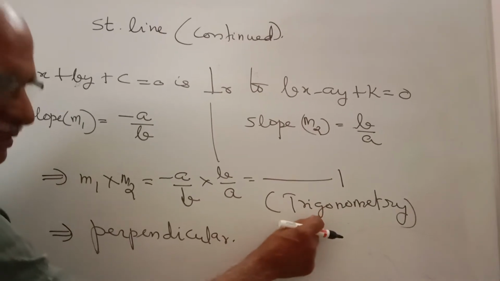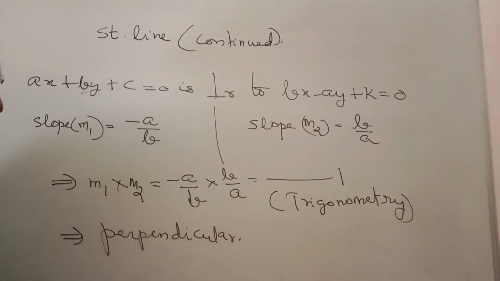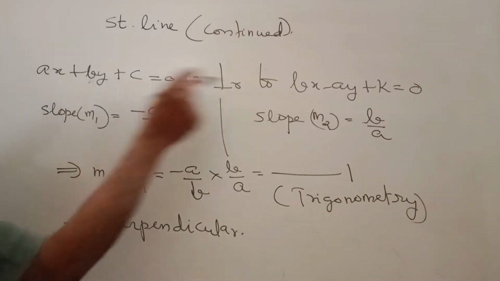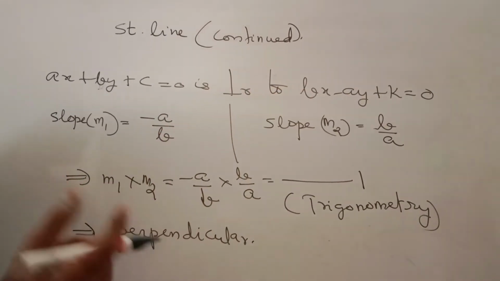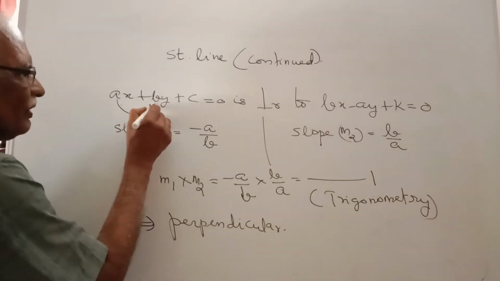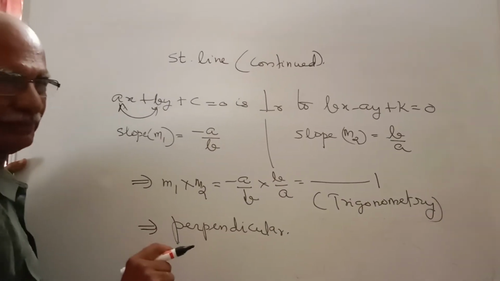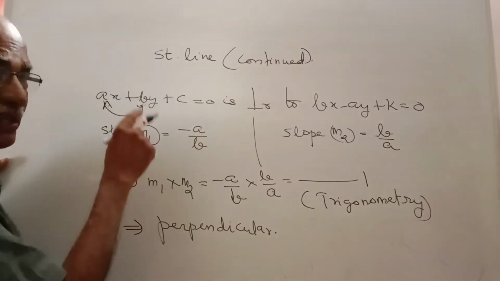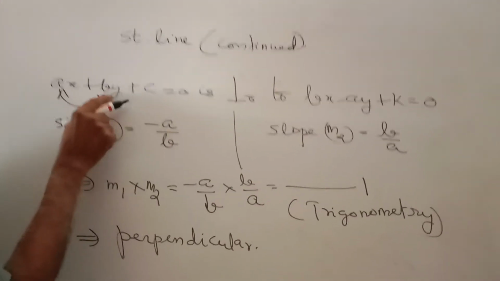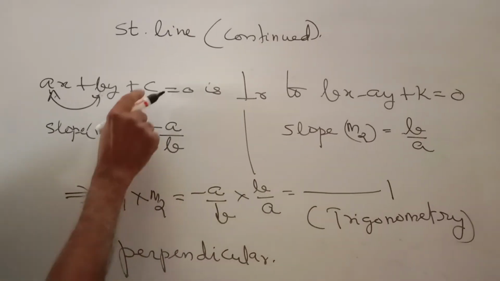So this is a result in trigonometry. If the product of the slopes is minus 1, the lines are perpendicular. So we see these two are perpendicular. So what do we do for getting perpendicular lines? Interchange the coefficients of x and y and change one sign. Remember, interchange the coefficients of x and y and change one sign, and change the constant.